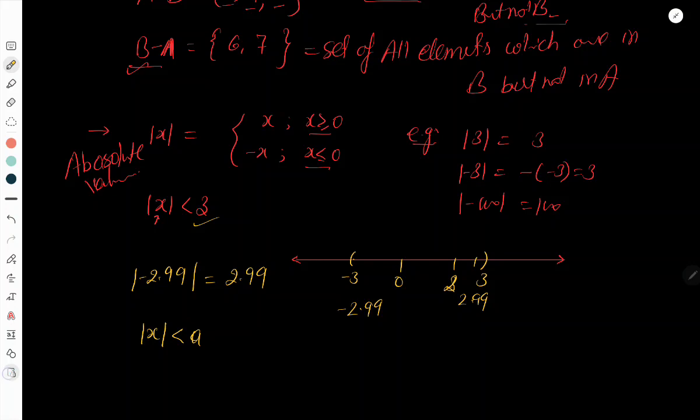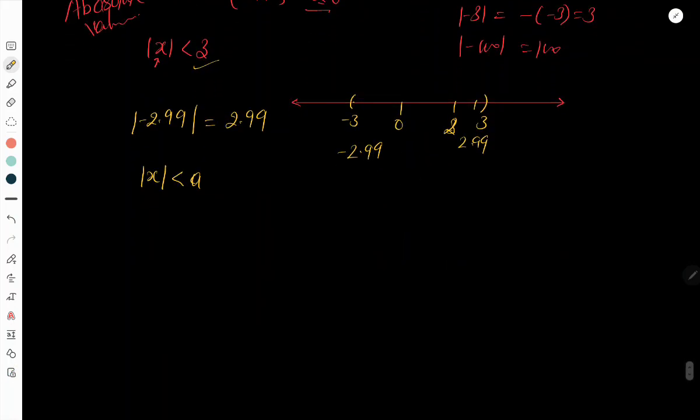So we can make a rule: if modulus x is less than a, then x is greater than minus a and less than a. If it is modulus x less or equal to a, then x is greater or equal to minus a and less or equal to a. I hope this is clear to you all.